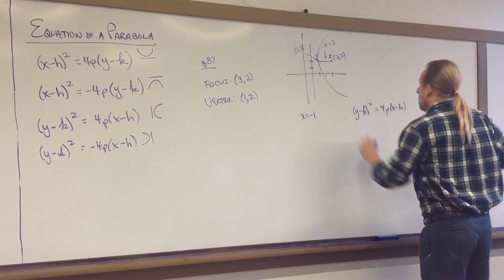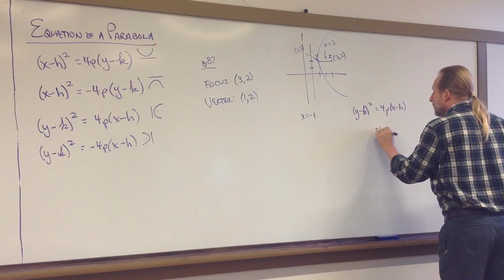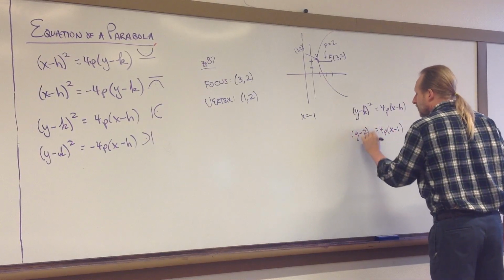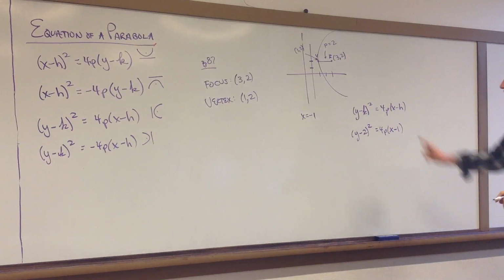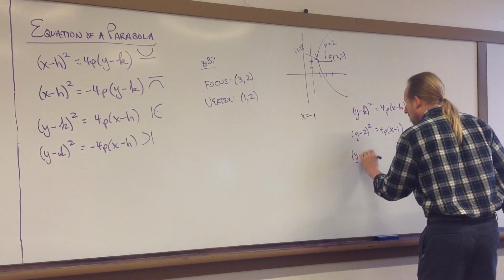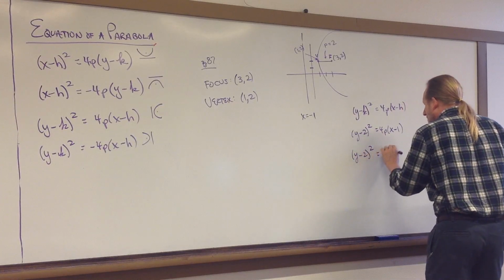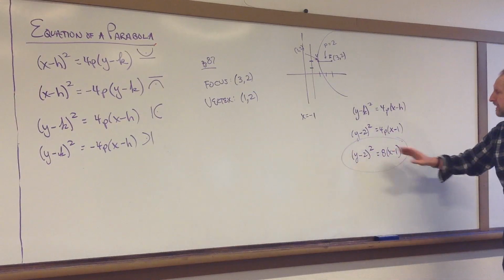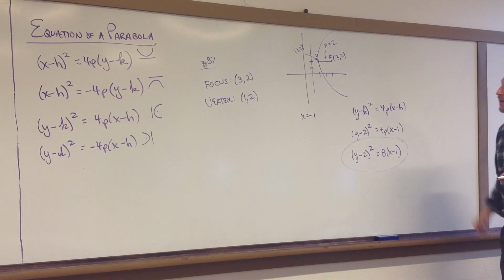We've got the vertex. It's the point (1, 2). The value of p is 2. And there's our equation: (y - 2) squared equals 8 times (x - 1).